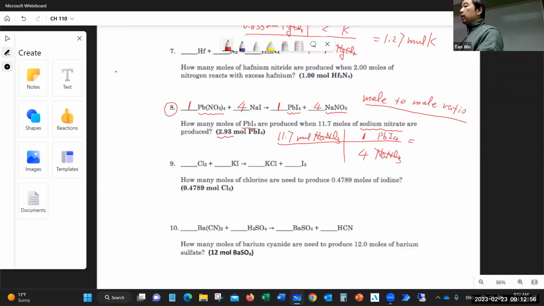The reason later we are going to have a variation is that, for example, in the lab, I'm asking you to measure 0.5 moles of sodium chloride. Can you use any device to measure 0.5 moles of sodium chloride? No, you can't, right? What can you measure?